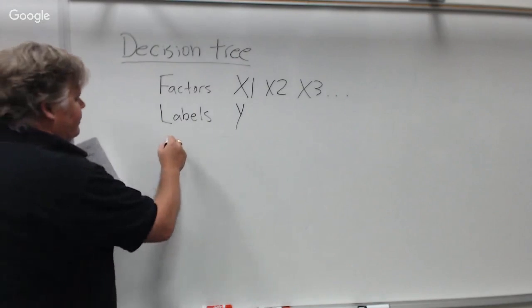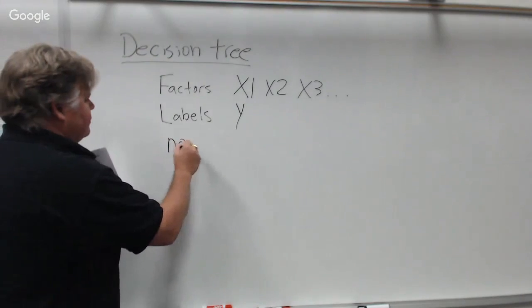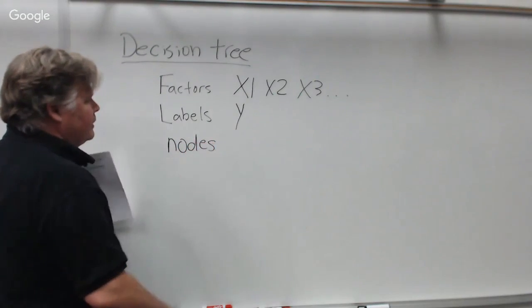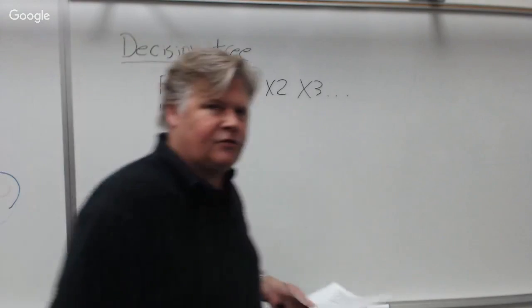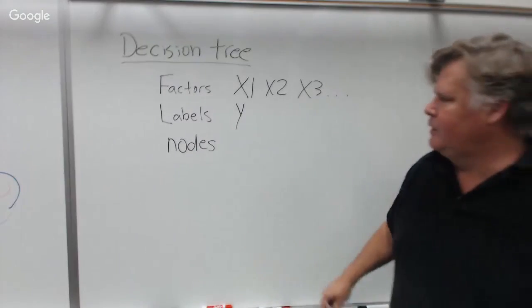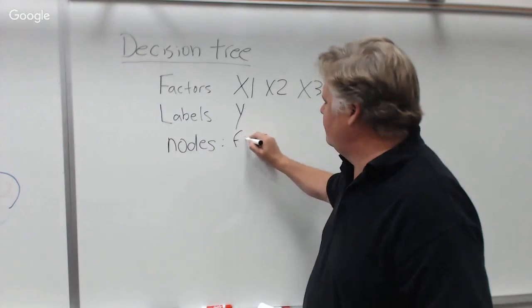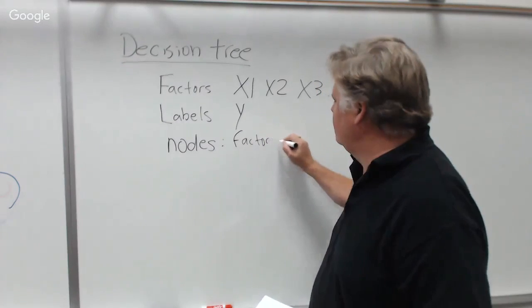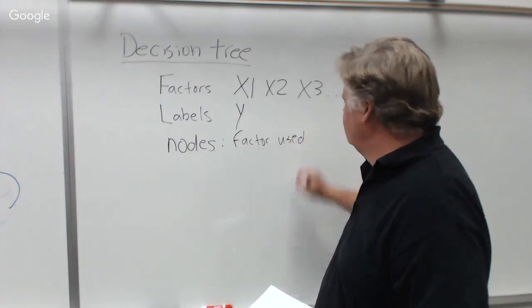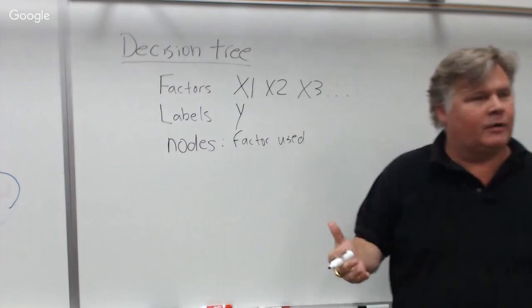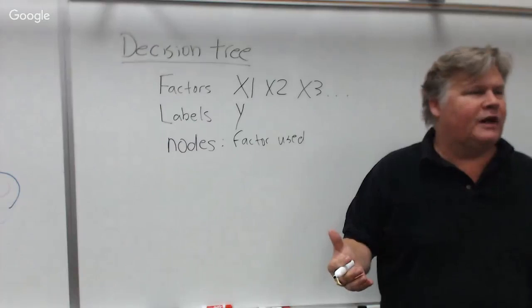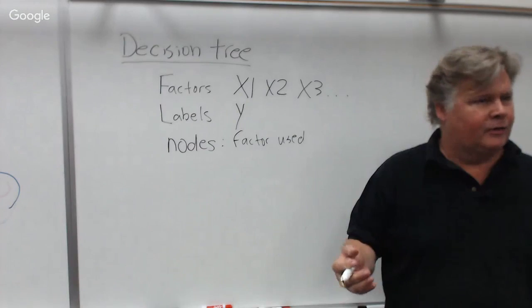Then we have a set of nodes, and each node includes the factor used, and what I'm going to call a split val or a split value.